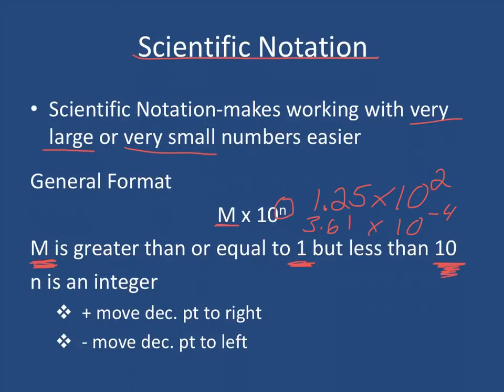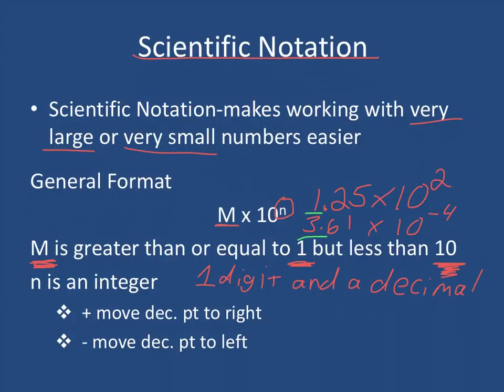So you're going to have one digit and then a decimal each and every time. If you look over here at the two examples, I have 1 and then a decimal, and in the second example I did earlier, I have 3 and a decimal each and every time.